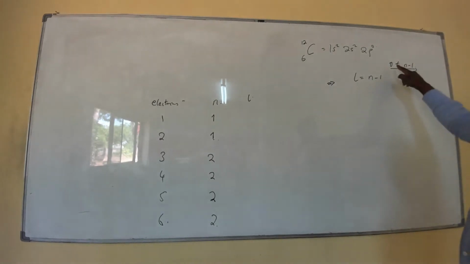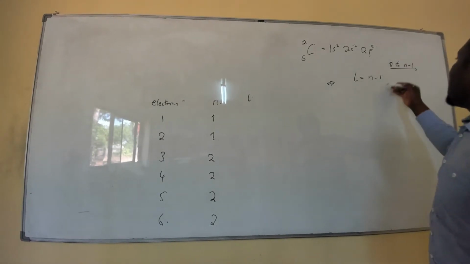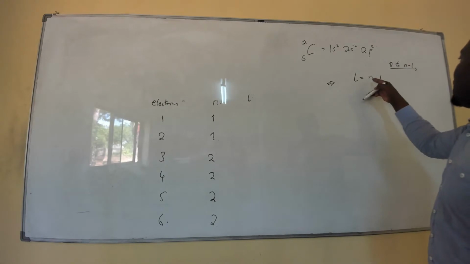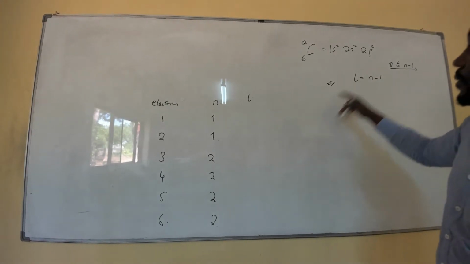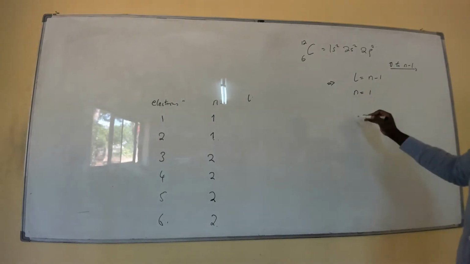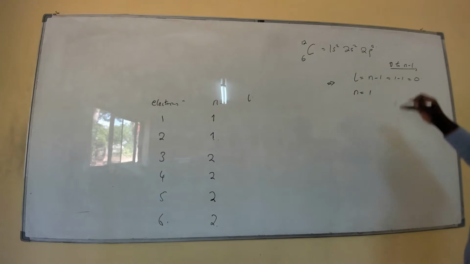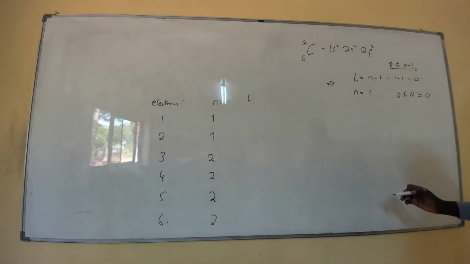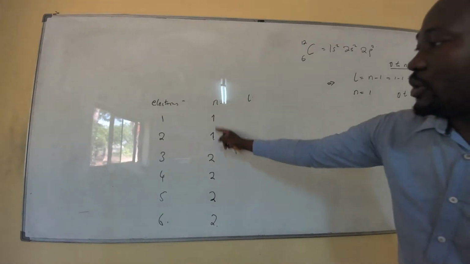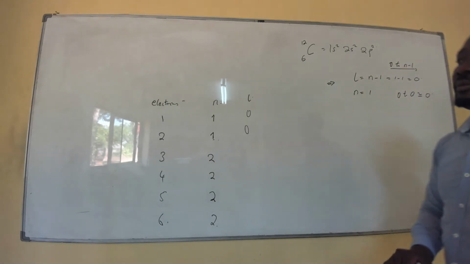Let's start with the first one, N equals 1. When N equals 1, L equals 1 minus 1, which is 0. So when you use this principle, it will be 0 to 0, which is just basically 0. So for these 2 electrons, they are in the 0, 0.